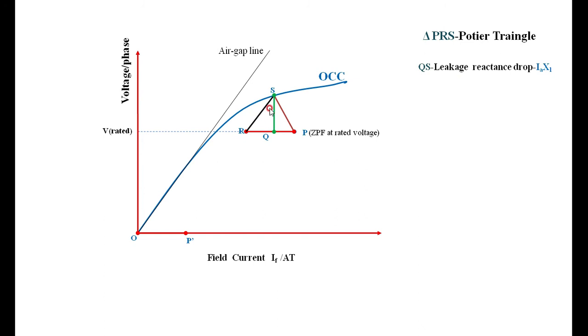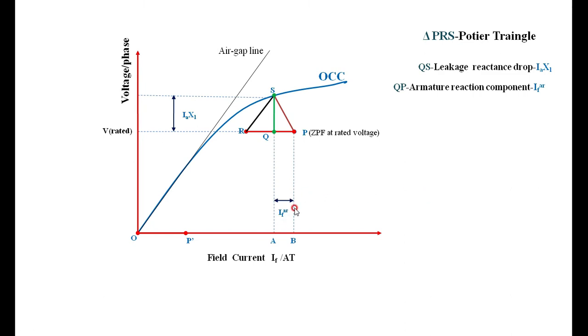In that, QS gives the leakage reactance drop, that is equal to IAXL, and that is the same thing I marked here, IAXL. Then QP gives the armature reaction component, which I represent as IF superscript AR, that is, the field current which is equivalent to overcoming the armature reaction.